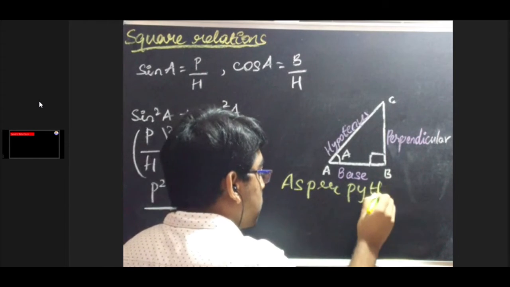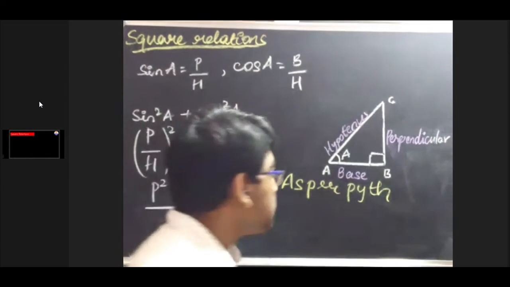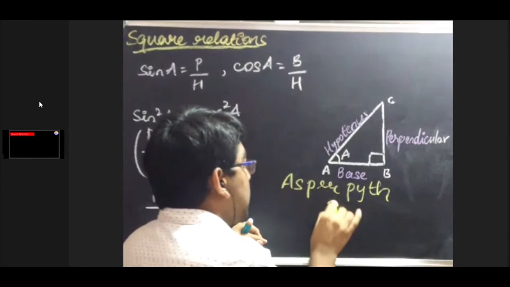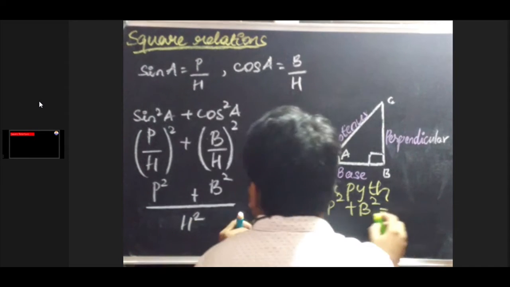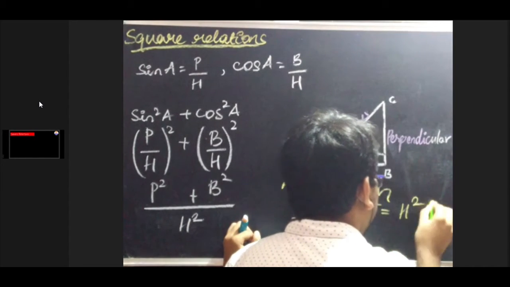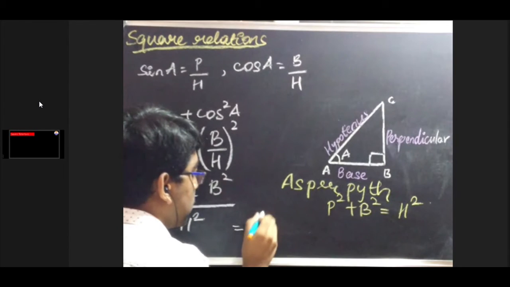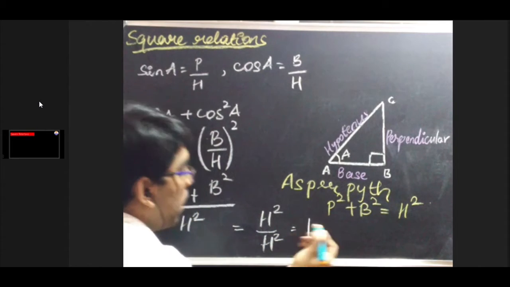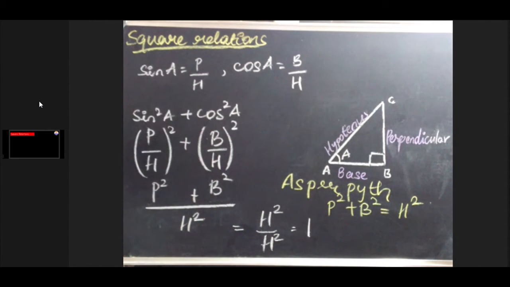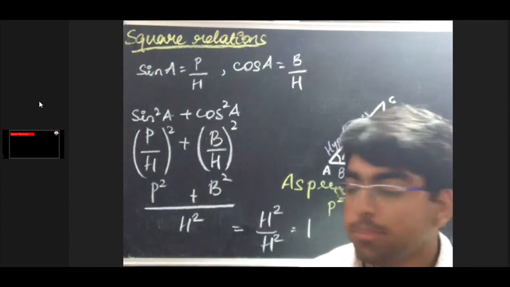Pyth here refers to Pythagorean theorem. Let's substitute this result over here, which gives hypotenuse square by hypotenuse square, which is equal to 1. So therefore, we have got a standard identity over here.